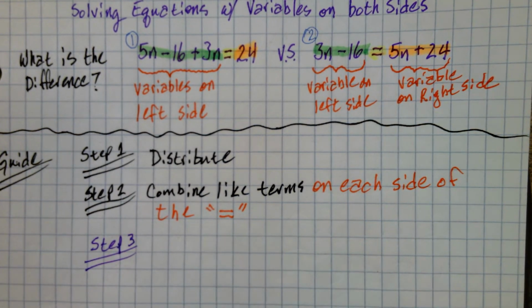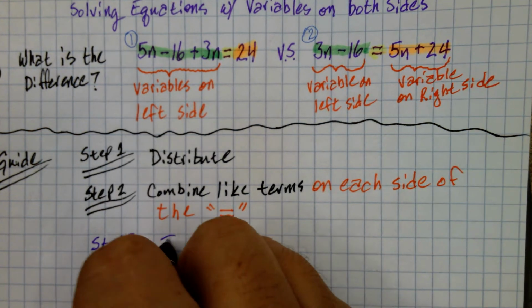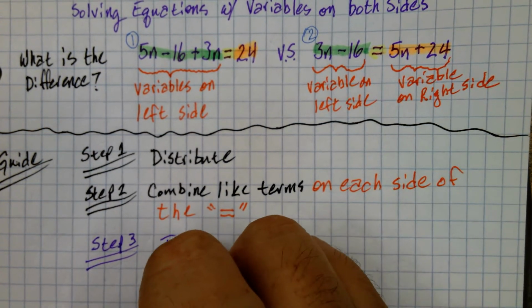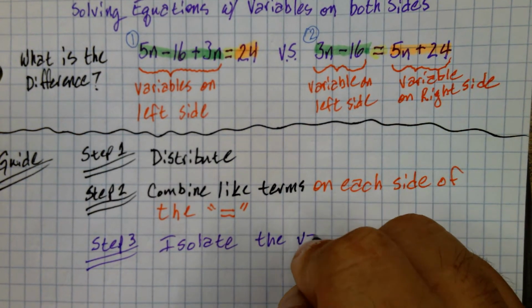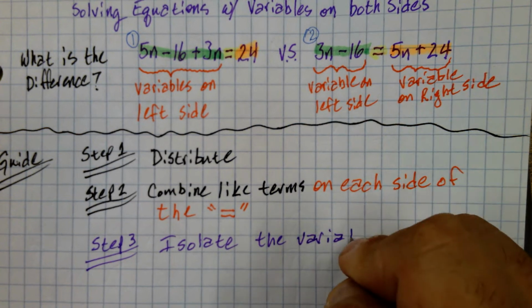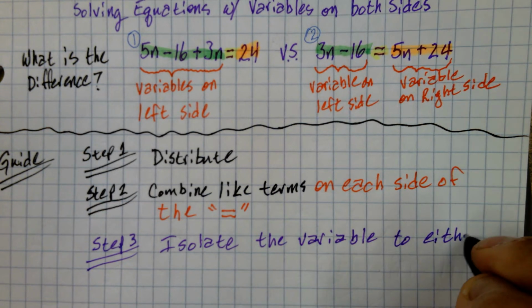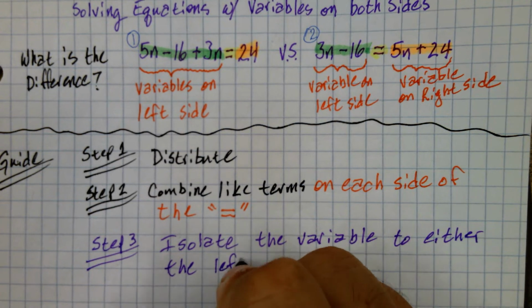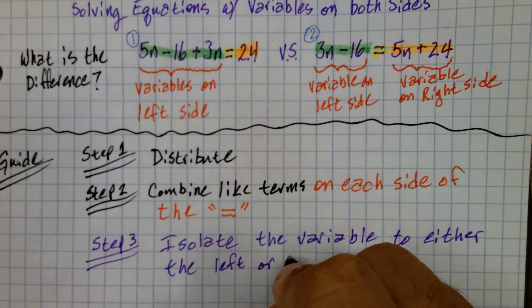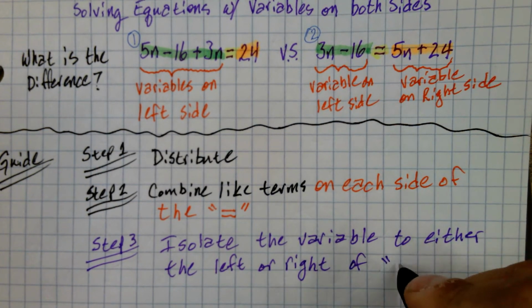I'm going to say isolate the variable to either the left or right of, again, the equal sign.